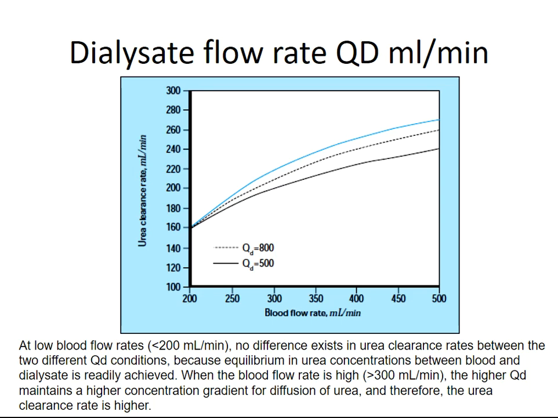When the blood flow rate is high, above 300 mL per minute, the higher Qd maintains a higher concentration gradient for diffusion of urea, and therefore the urea clearance rate is higher.